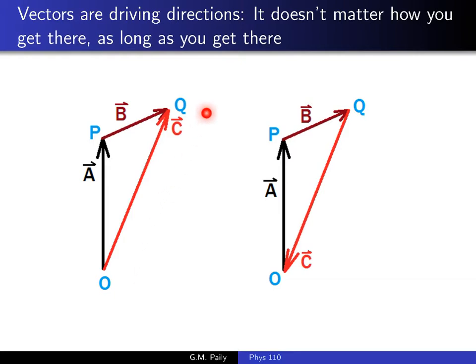We see that in this case, C goes from O to Q. But in this case, C goes from Q to O. This has the same effect as A plus B. This has the opposite effect of A plus B. And so in this case, we have C is equal to A plus B. In this case, we have C is equal to the negative of A plus B.